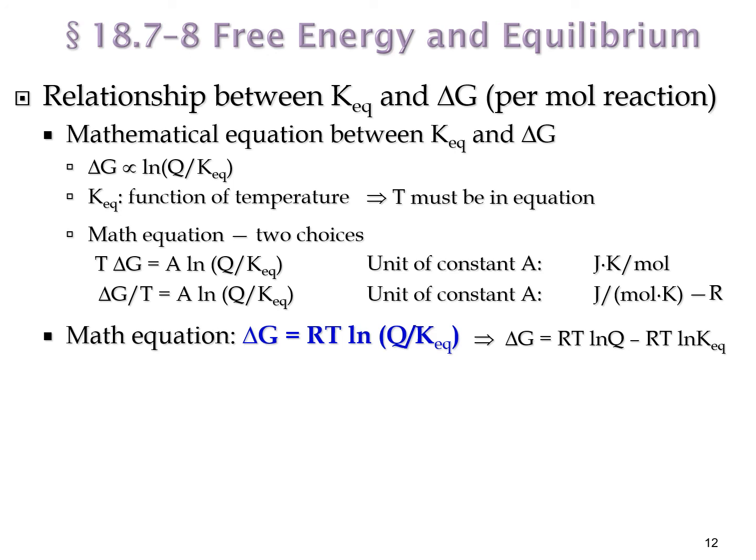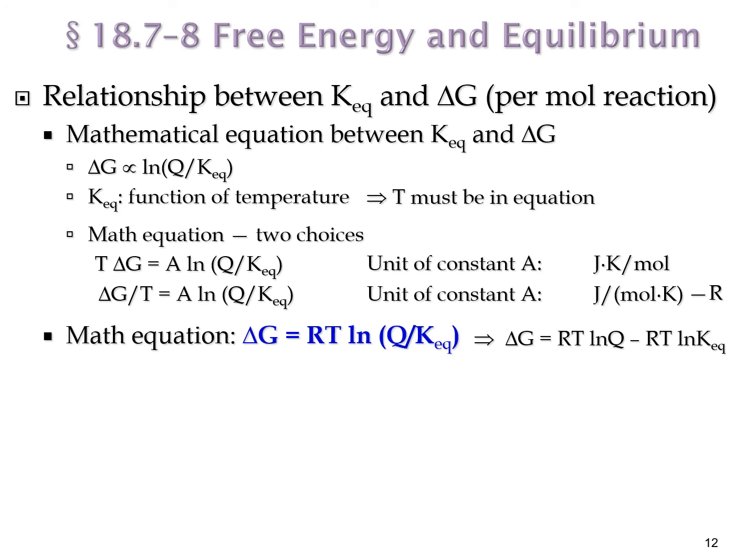Why is it powerful? Because this equation has a lot of things all in that equation. Reaction quotient, that is something related to the initial condition. Equilibrium constant, temperature, and free energy.